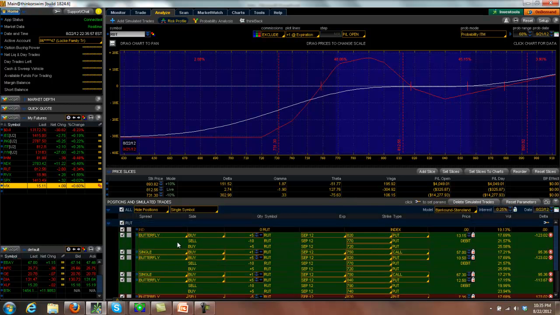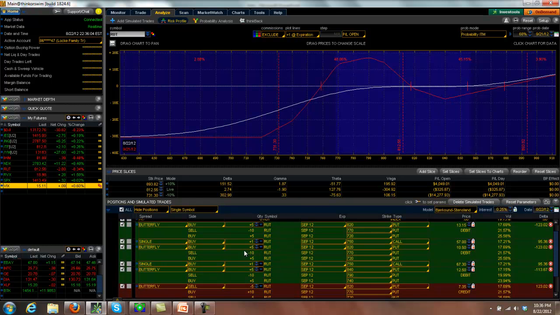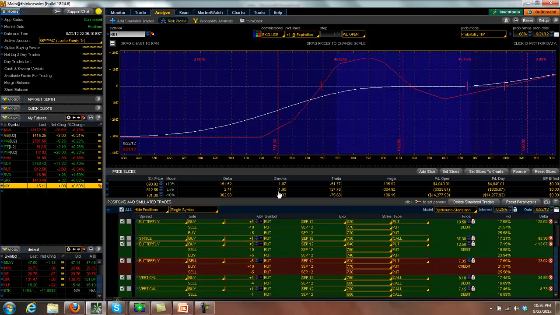But suffice it to say, right now I'm in 5 770 call butterflies, 5 770 put butterflies, 5 790 put butterflies, 2 750 Russell calls, and 5 790 800 vertical spreads. You can see here my delta is +2. T+0 line's perfectly fine to the upside.